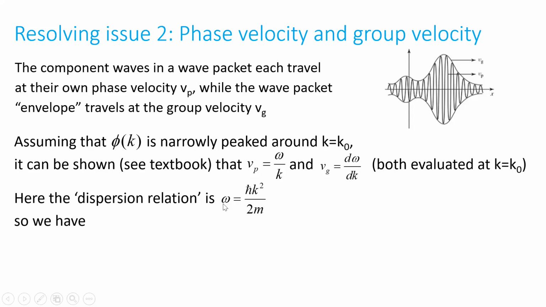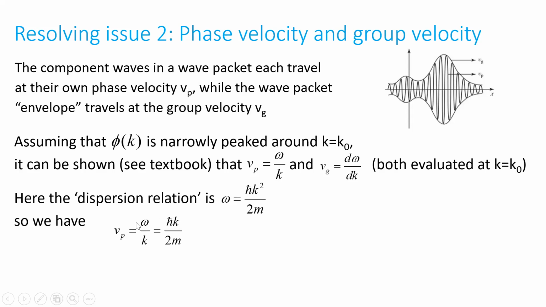But if you ever forget it, you can think, well, if I multiply the left and the right side by h bar, I get h bar omega, which is E, is equal to h bar squared k squared over 2m, which is p squared over 2m. So this is really another way to write E equals p squared over 2m. Okay, so that's our dispersion relation for the quantum free particle.